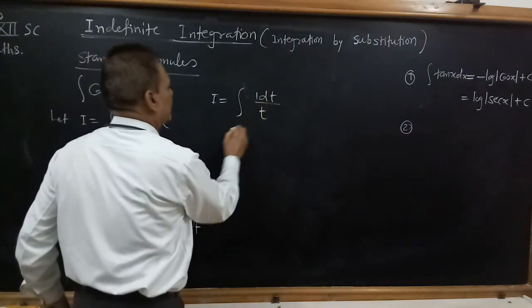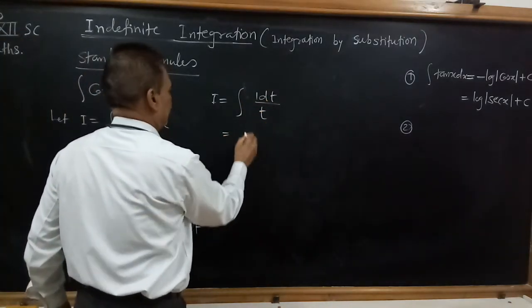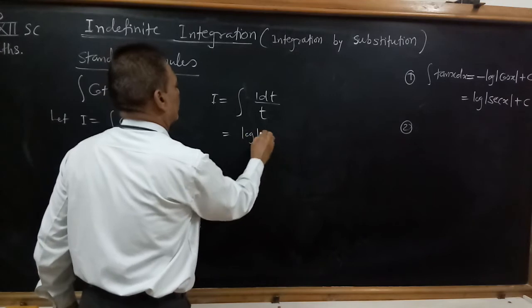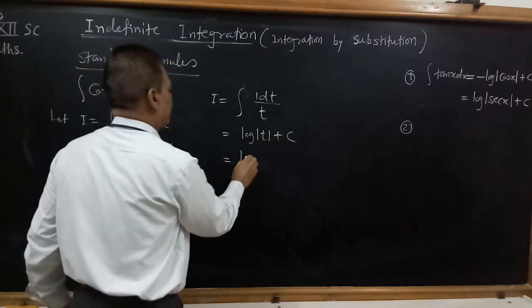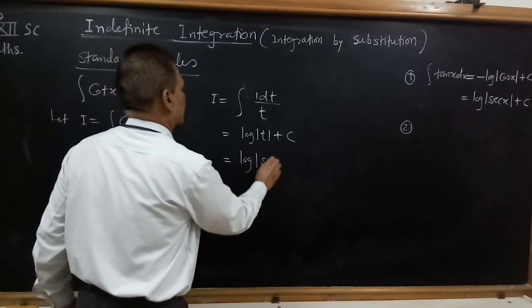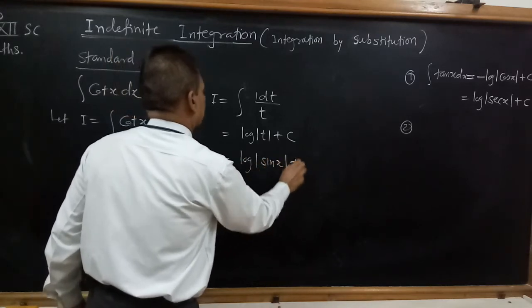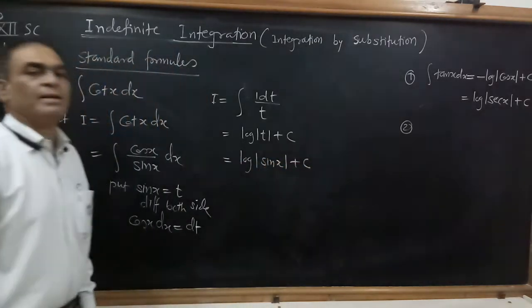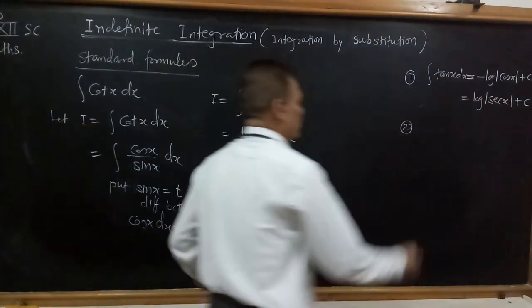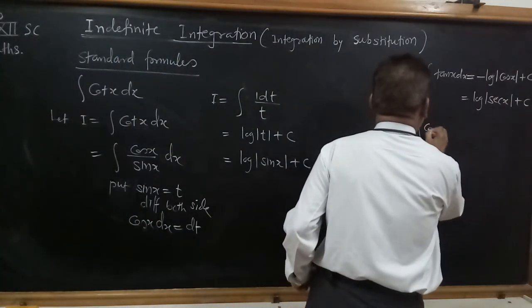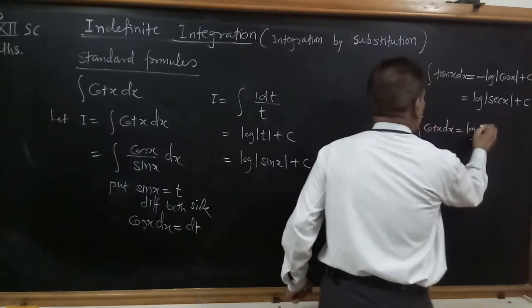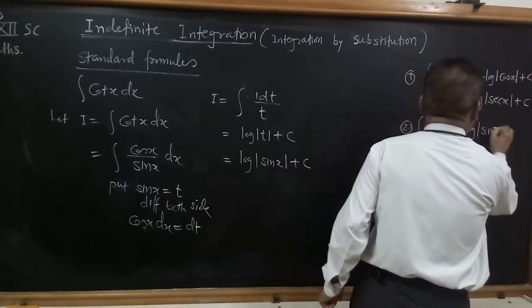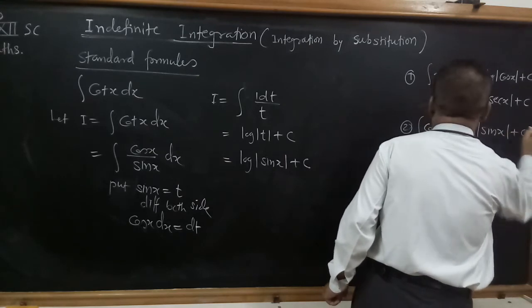Then 1 upon t dt is nothing but log of mod of t plus c. Resubstitute the value of t, you will get log of mod of sin x plus some constant of integration c. This is the second standard formula. Integration of cot x dx is nothing but log of mod of sin x plus some constant of integration c.